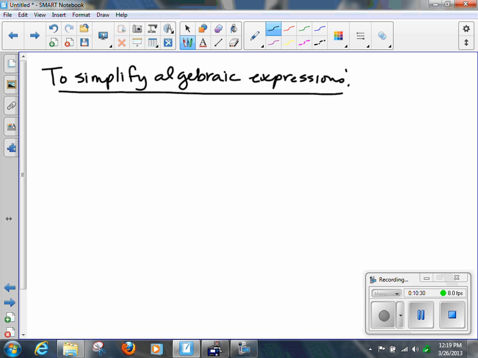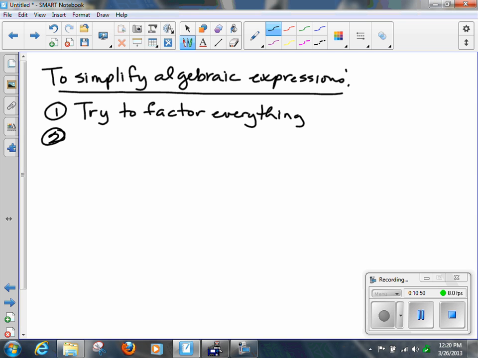Because everything you know from algebra ties right into this trig stuff, okay? So in order to simplify, we always should try to factor everything. Then, if we multiply and divide, think about fractions.